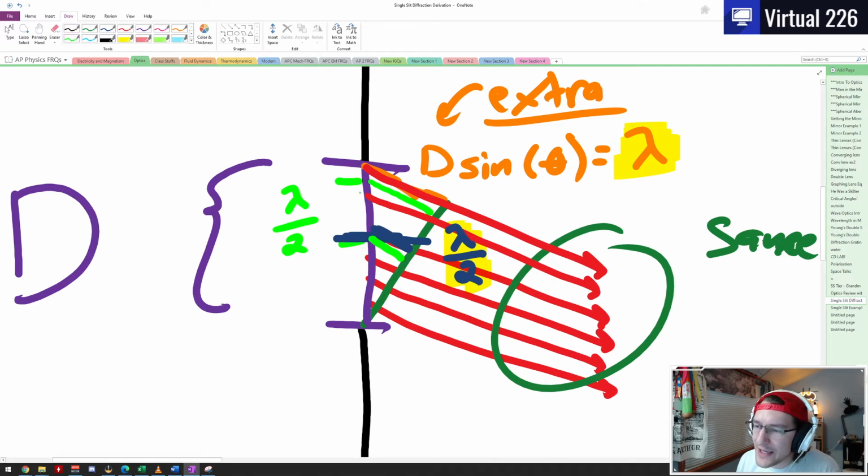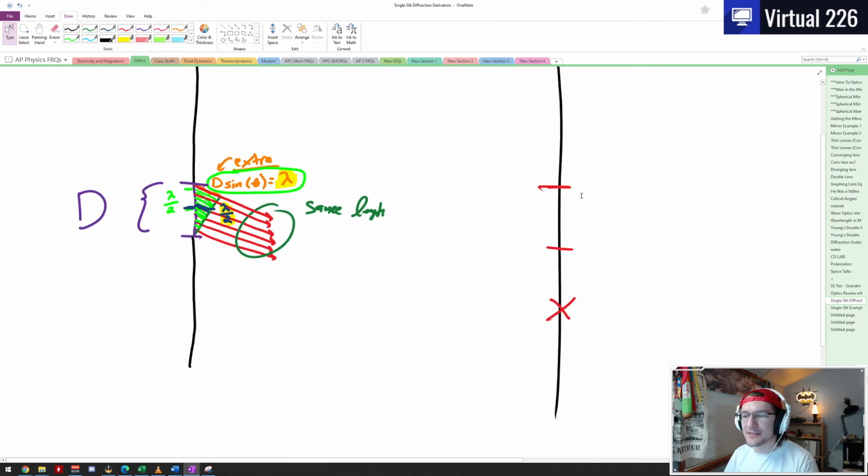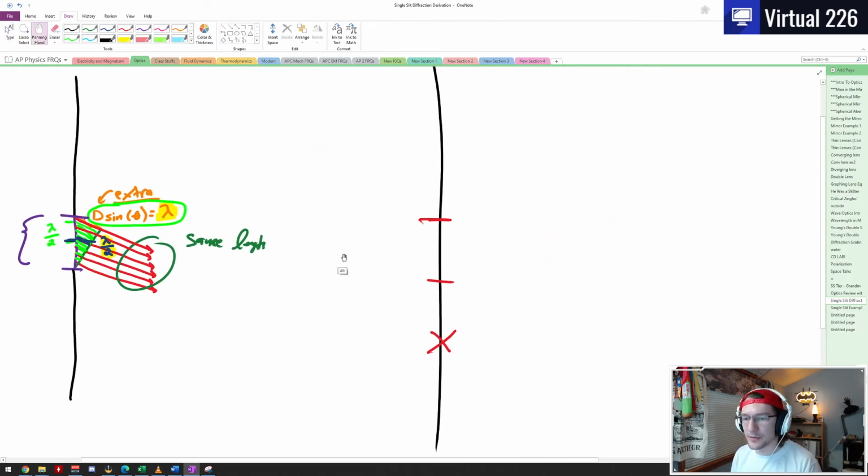And this means that if we have an infinite number of these waves going all the way down, every wave will be canceled out with every other wave at some point, assuming that this D sine theta is some integer value of lambda. And what this means here is it kind of means the opposite of the double slit.